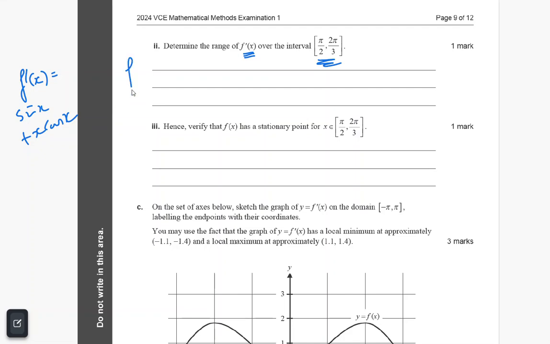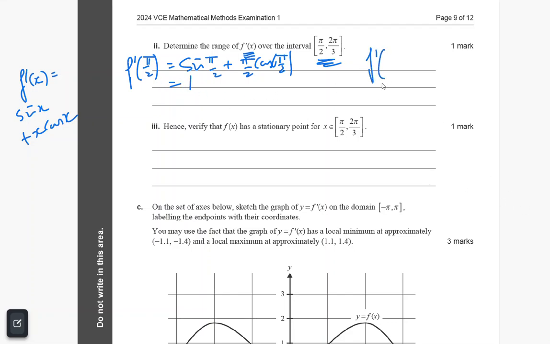So I'd like to find the derivative at pi on 2, and that will be the sine of pi on 2 plus pi on 2 times the cos of pi on 2, which is 1 plus 0 or 1. And that makes a bit of sense because it looked as if it was the steepest gradient there.